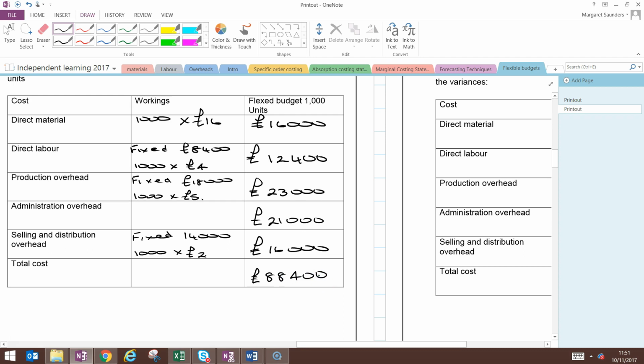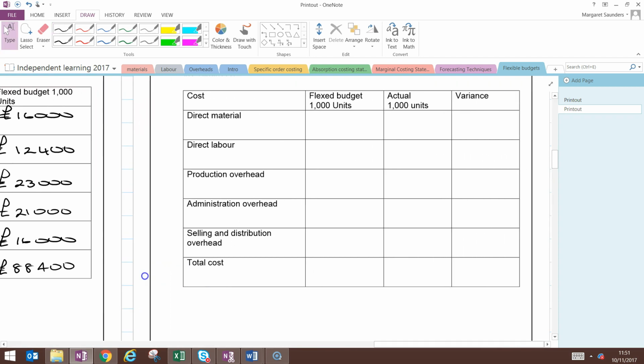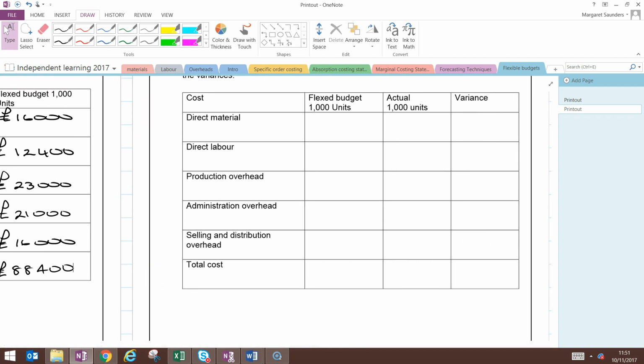So we've done the workings and we have a flexed budget. So we have a new budget which is based on 1,000 units. So the question asked us to prepare a budget, actuals and variances.